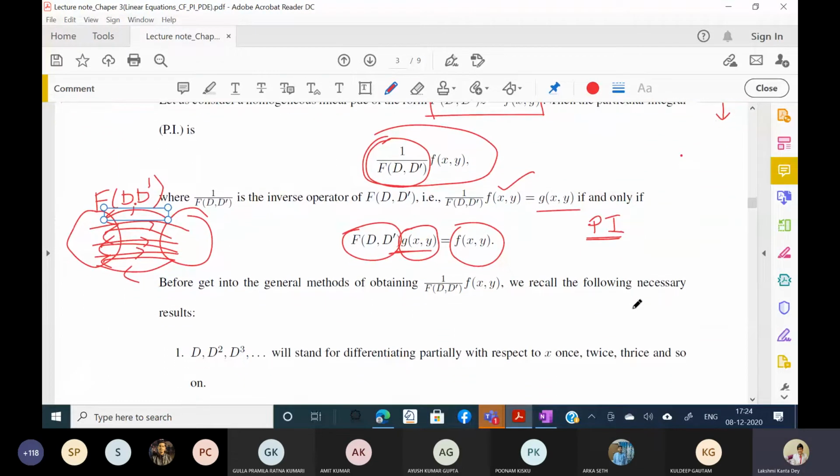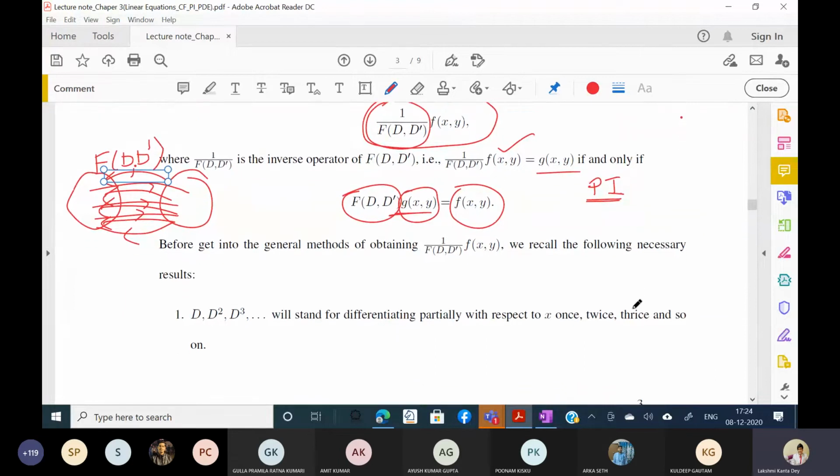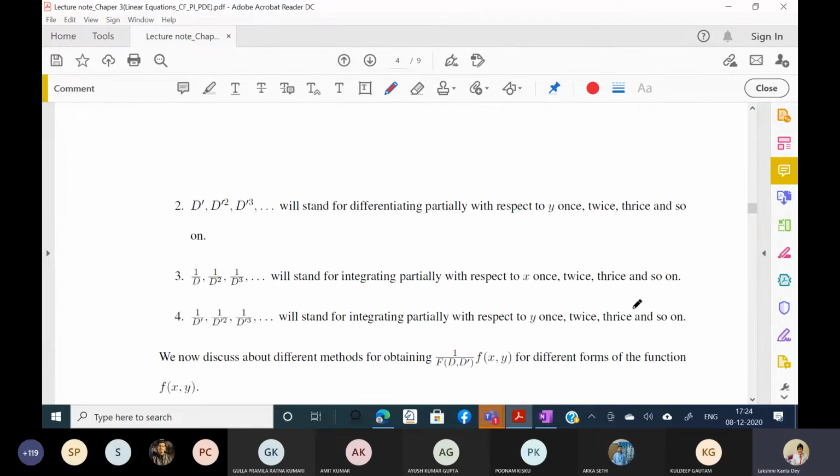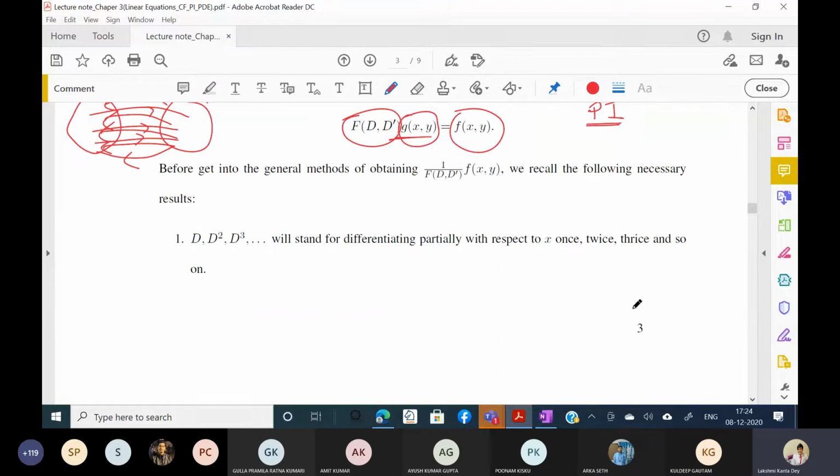If you recall, in the case of a single variable ordinary differential equation, there are certain rules for how to find it for special types of functions. Similarly here also we have to learn certain rules.